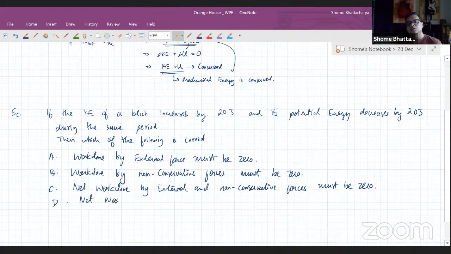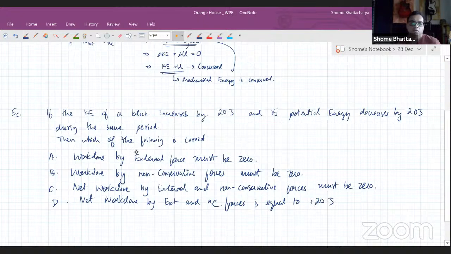And option D: net work done by external and non-conservative forces is equal to plus 20 joules. Now quickly go through the options and tell me which of these is correct.